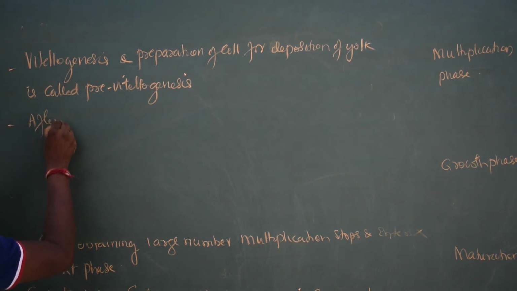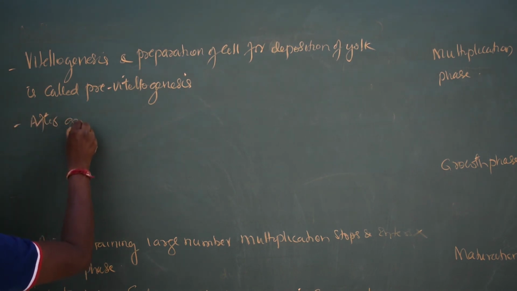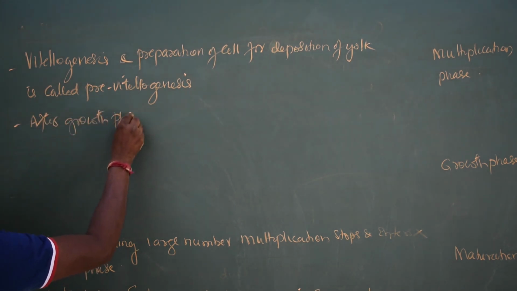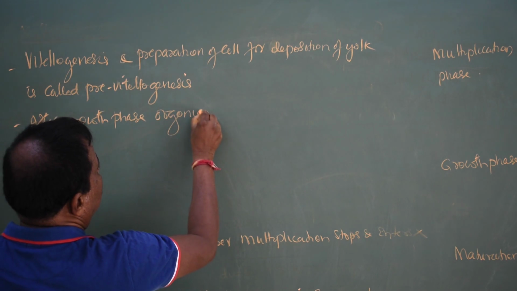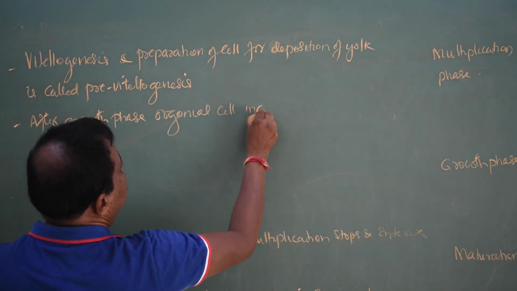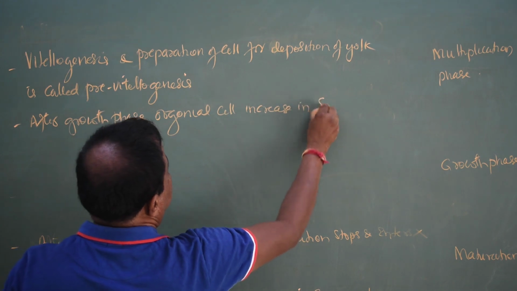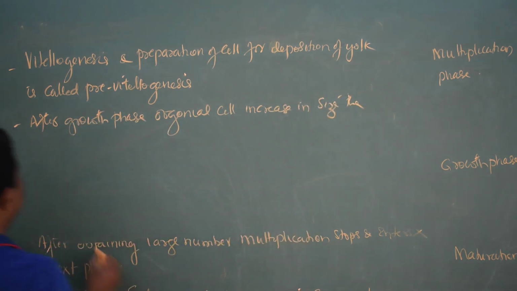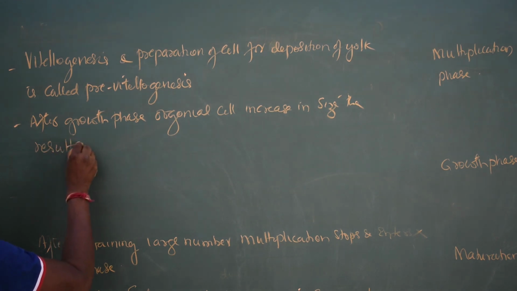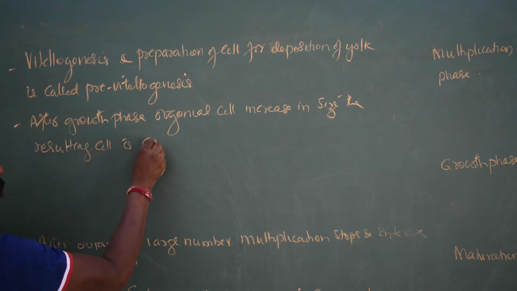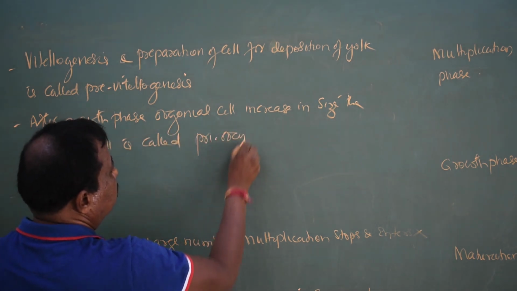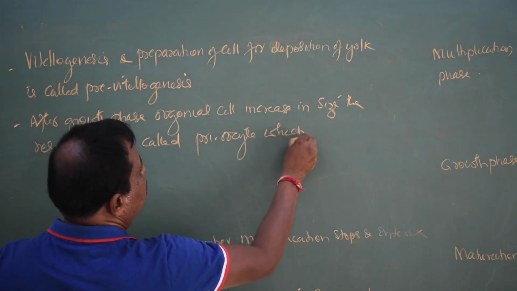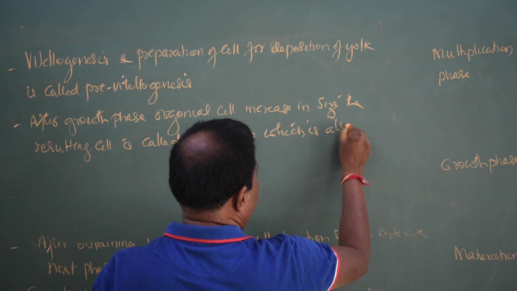After pre-vitellogenesis, after growth phase, the oogonial cell increases in size, and the resulting cell is called primary oocyte, which is also diploid.